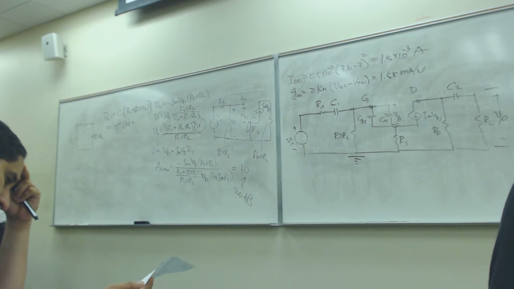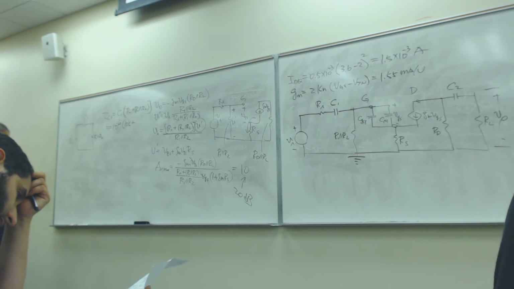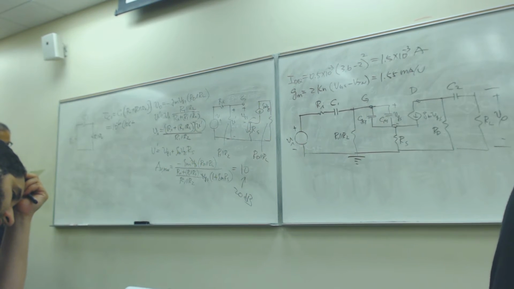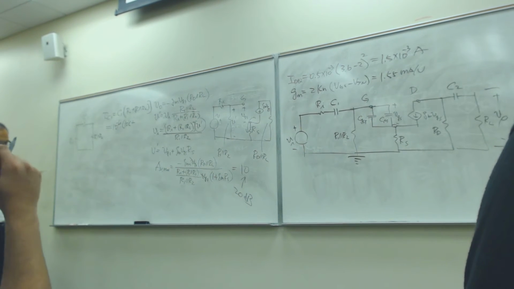What do you have? That is R1 in parallel with R2. I would say about what? 166 in parallel with 234, right? So it should be less than 166.